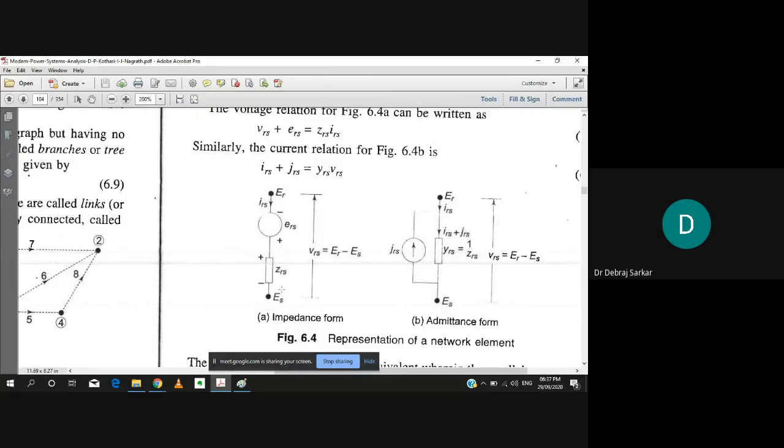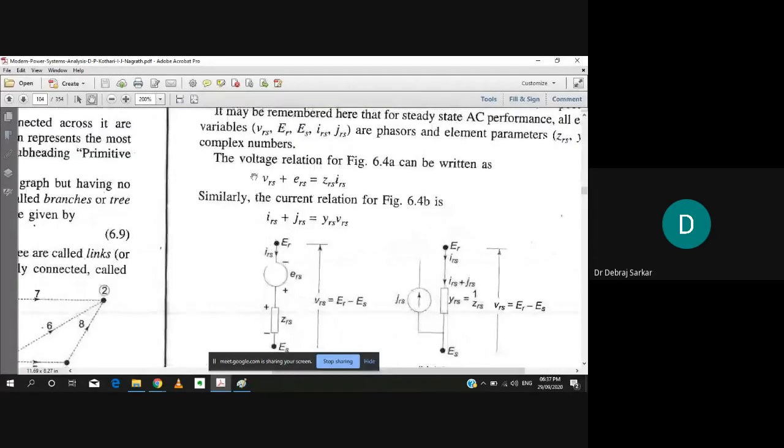A current IRS is flowing through this branch, from R to S. You have an ERS, that is a voltage source, and a resistance ZRS.